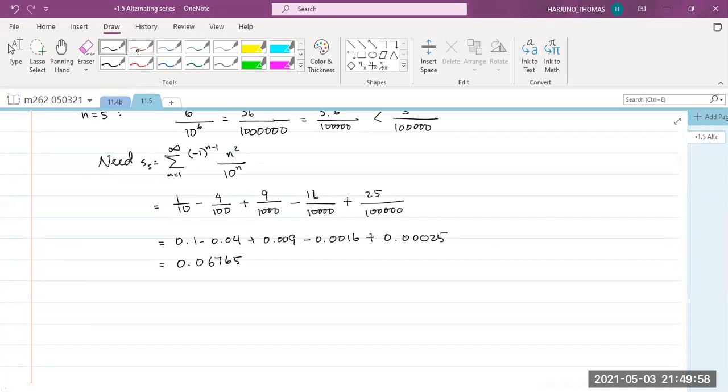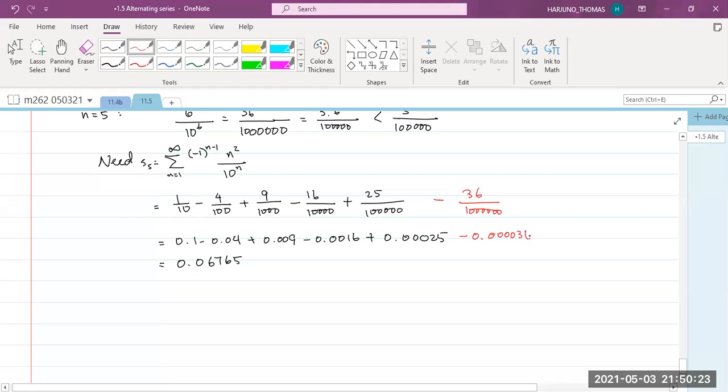Now let me see what the next term is, just for fun. The next term will be minus 36 over 1 million. That's minus 0.000036.